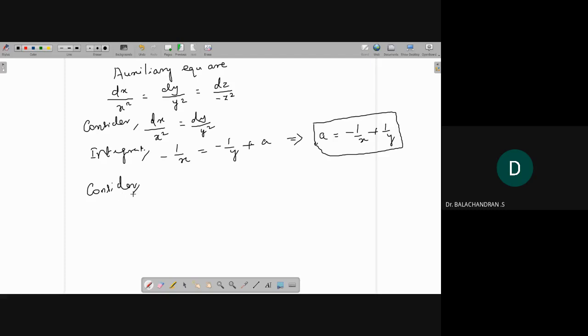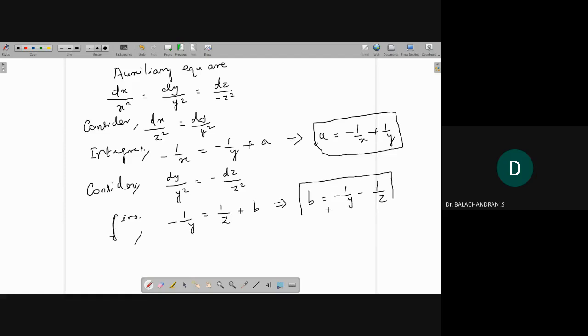So consider dy by y square equal to minus dz by z square. Integrating, you get minus 1 by y equal to minus of minus 1 by z plus b. This implies b equal to minus 1 by y minus 1 by z.